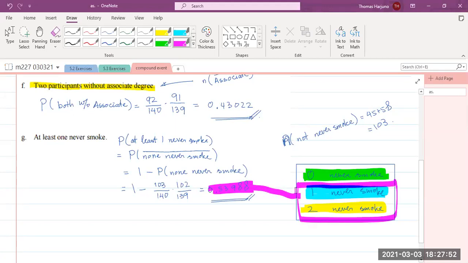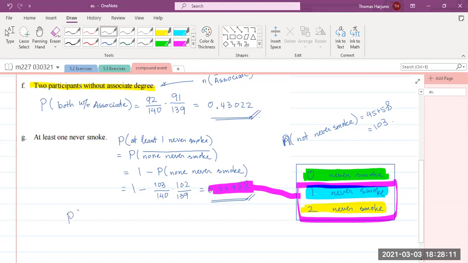Agreed? Now, to show that your answer is only the yellow one, one way to do it is to show that the probability of what you did will be less than 0.54, less than this number.